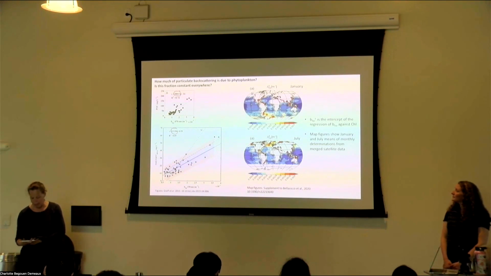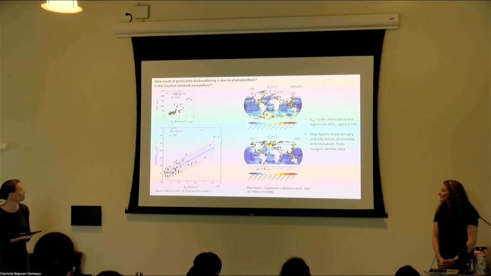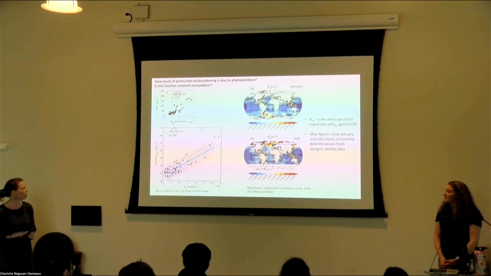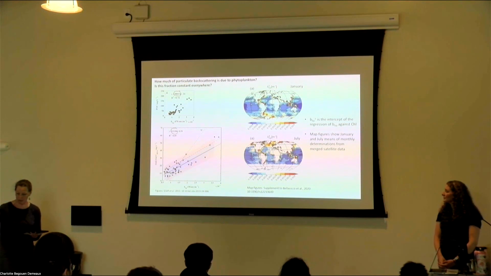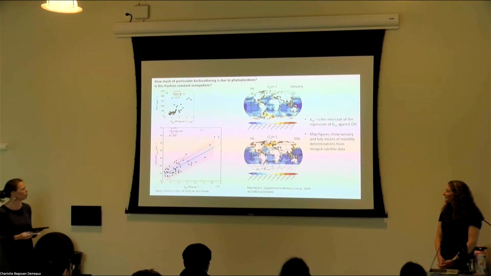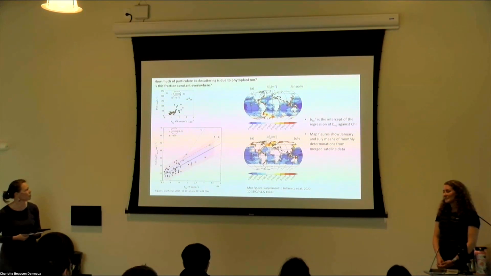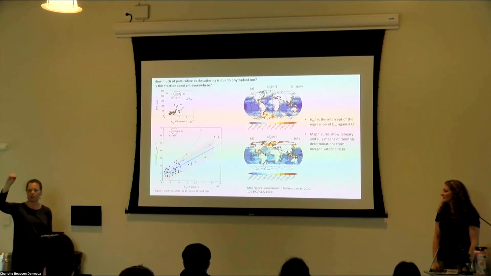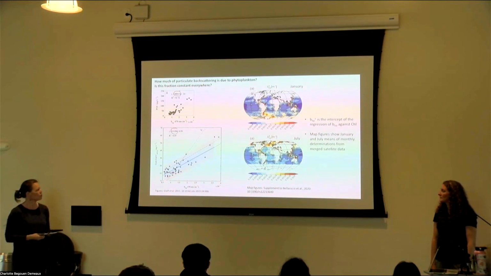And this is a more recent paper by Felicio et al. where they took the intercept of the regression of backscattering against chlorophyll by month in different pixels, and this is the plots we're looking at here of the intercept. So it's basically that the backscattering is not linearly covariant with chlorophyll in different regions.